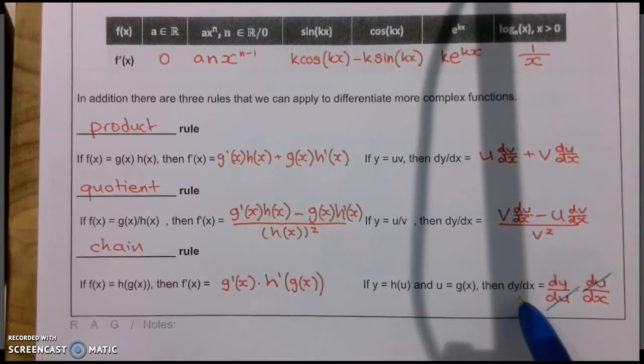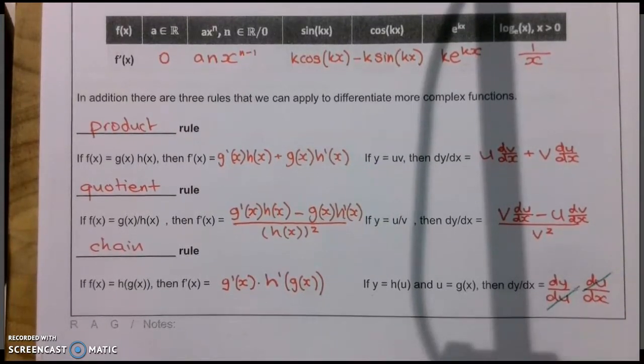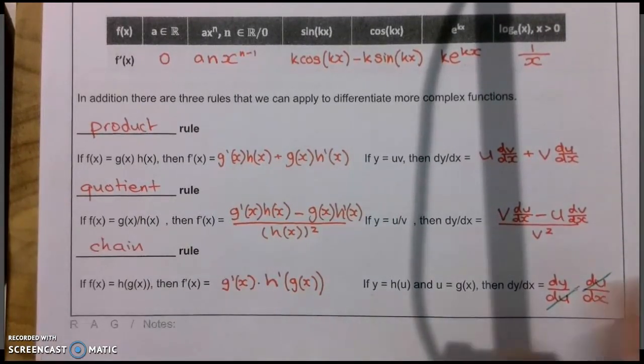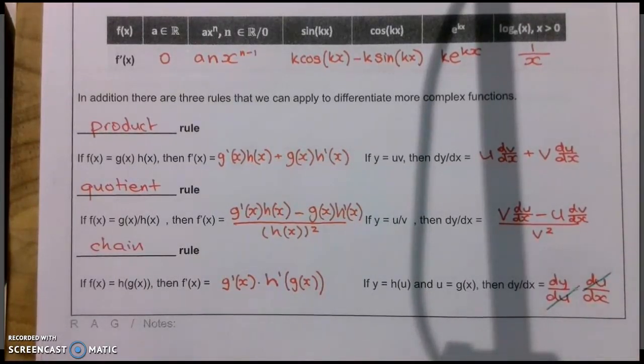So we can say that dy by dx is clearly the same as dy by du times du by dx because the du's cancel.